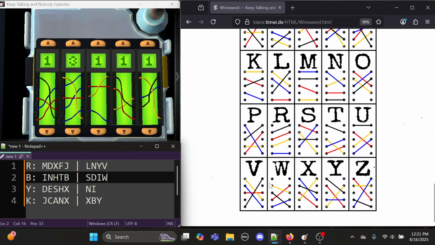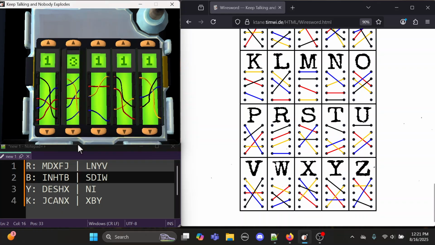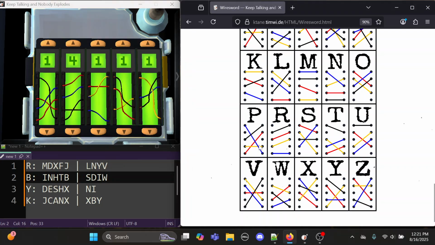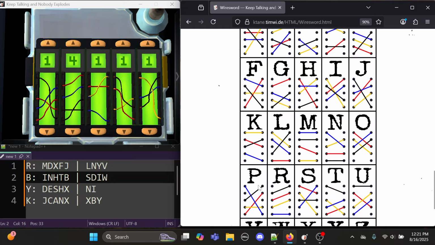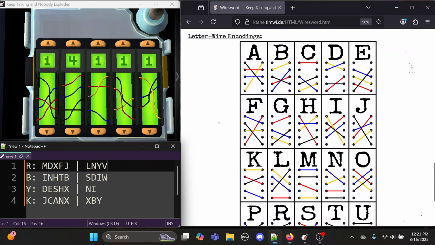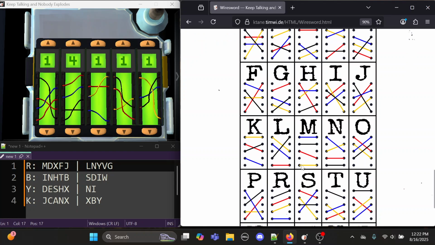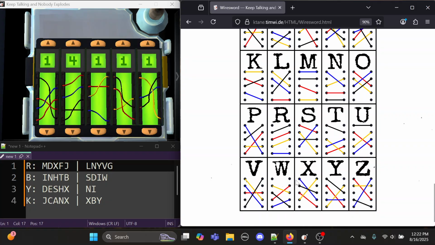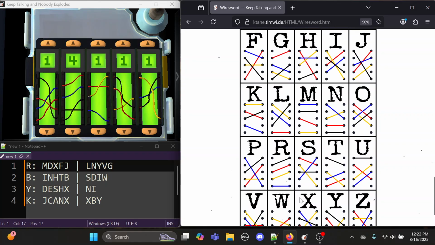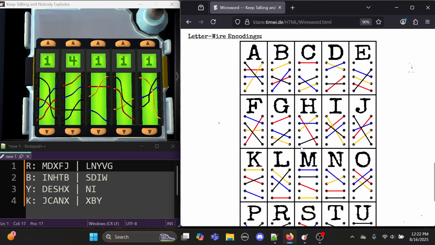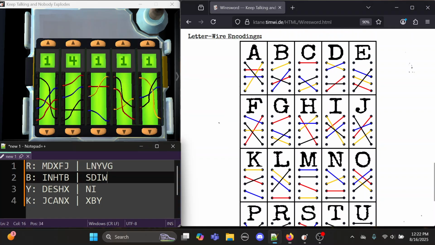Okay. Yeah, that should be everything for that display. All right, we have a red 2-1 here. It does not let up. We have a Golf. A blue 3-2, excuse me, is a Juliet.